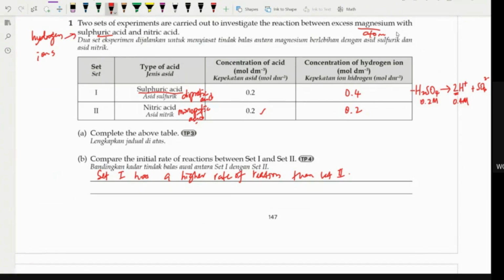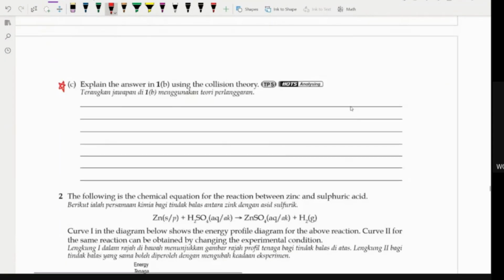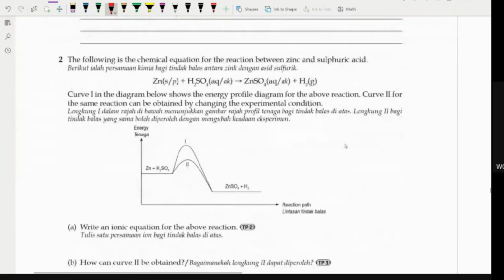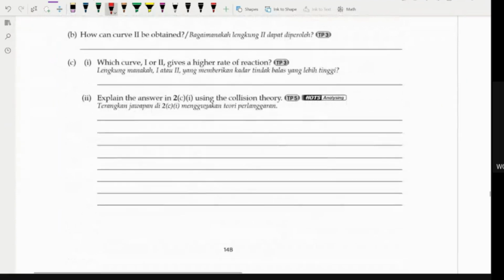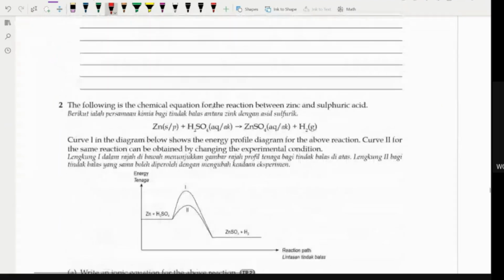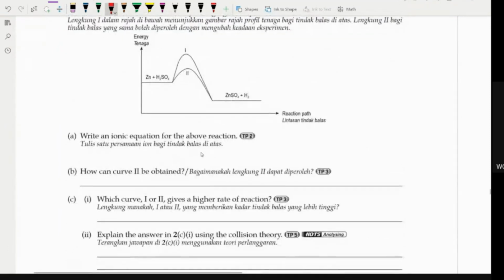No matter sulfuric acid or nitric acid, it will be the same. So magnesium atoms collide with hydrogen ions. This one I leave it to you. Okay, next. Now I would like you to try question number 2. Everybody try, and after this we discuss together.